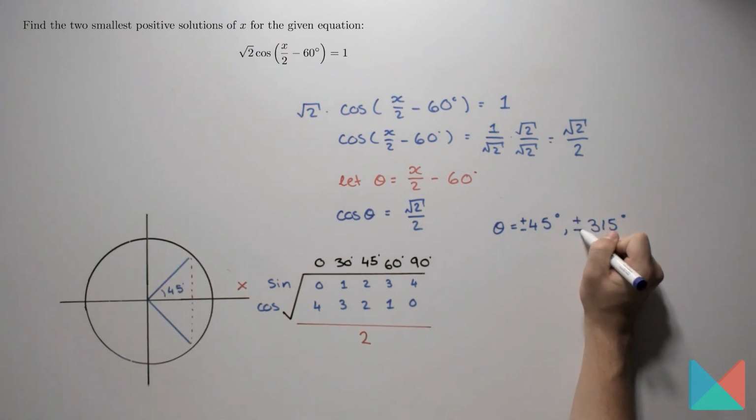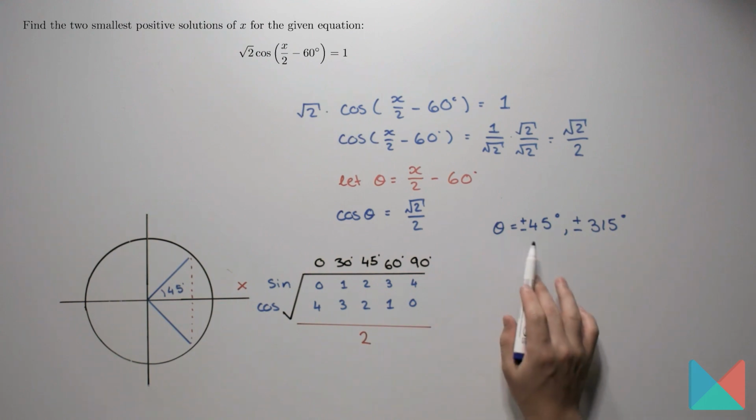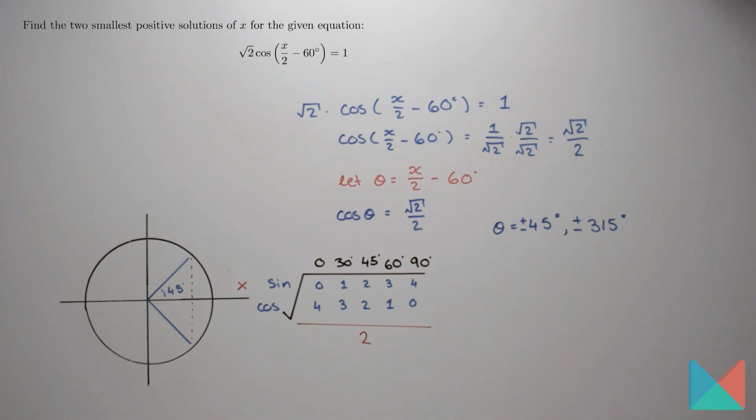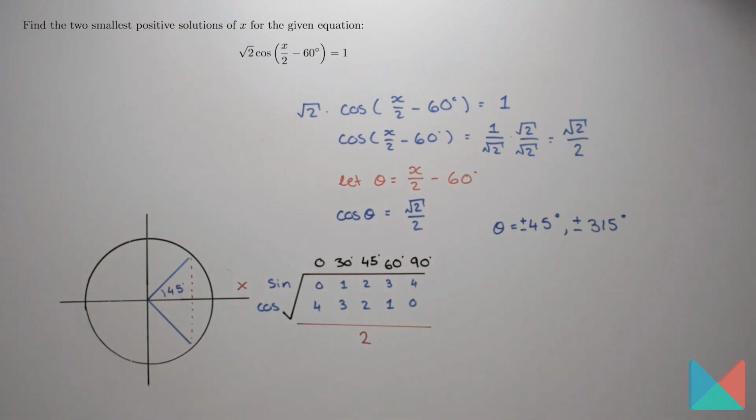So we have both the positive and negative value of 315 degrees. And so we got 2 positive and 2 negative solutions for theta, and hopefully this is enough to get a good range of x values. So let's solve for x.